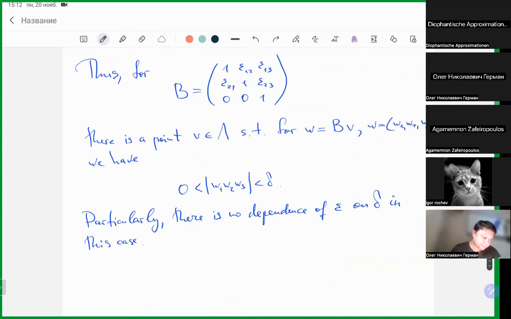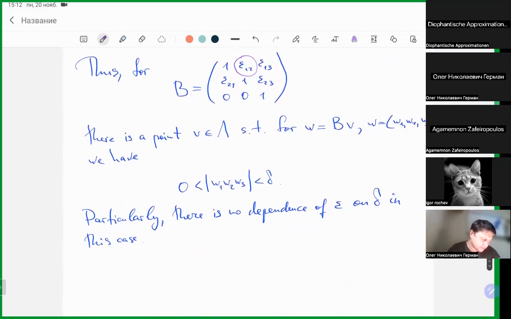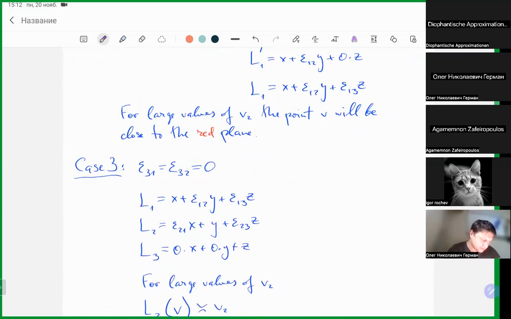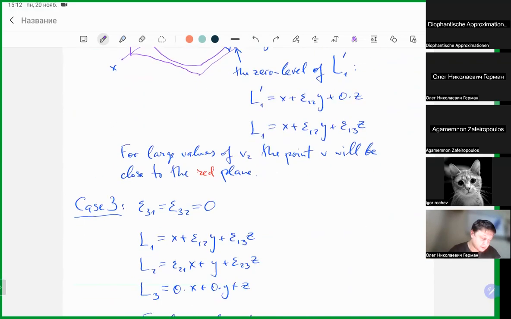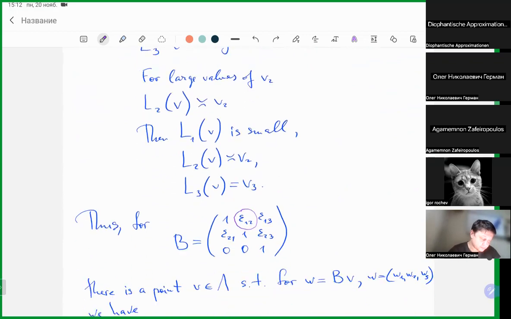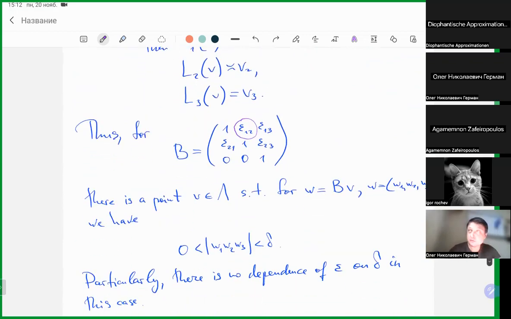For such an altering of our lattice, with this entry, say negative, well, we assumed it to be negative, but it was just for the simplicity of our picture, for the picture to be correct.